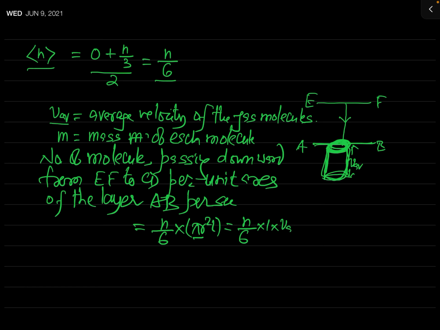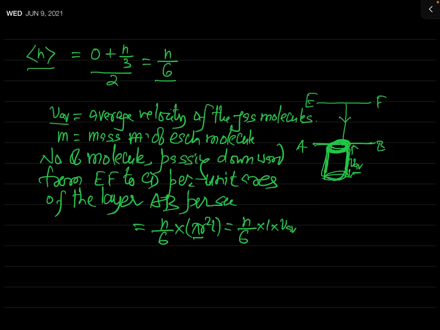Why is V average L? Because we are going to find the number of molecules which will pass downward through this unit area in 1 second, and in 1 second the distance covered by the molecule will be simply equal to V average. इसलिए 1 सेकेंड में जो यह डिस्टेंस कवर करेगा वो तो V एवरेज के बराबर होगा.